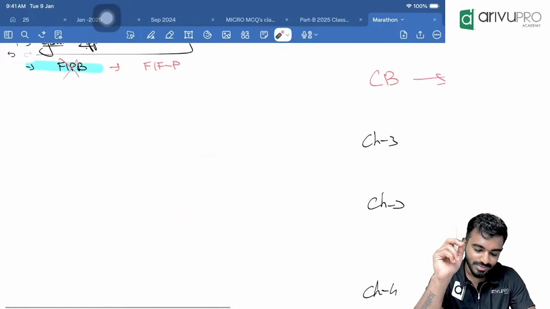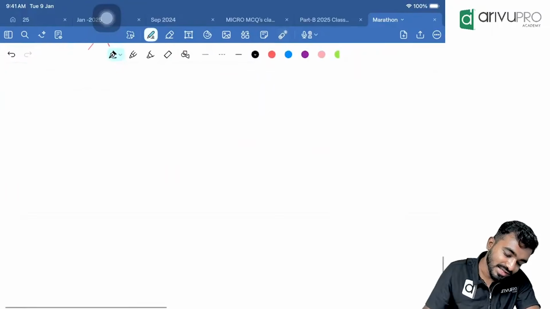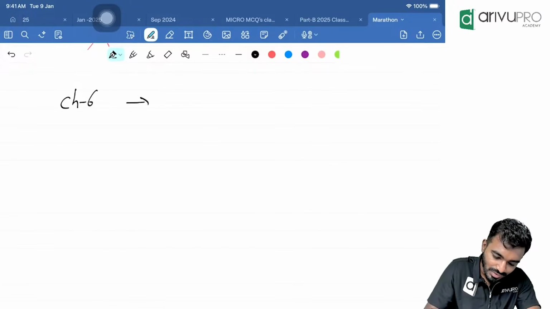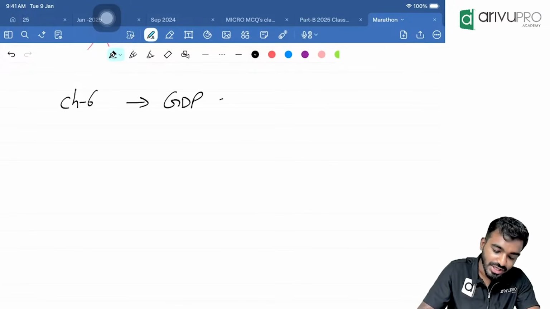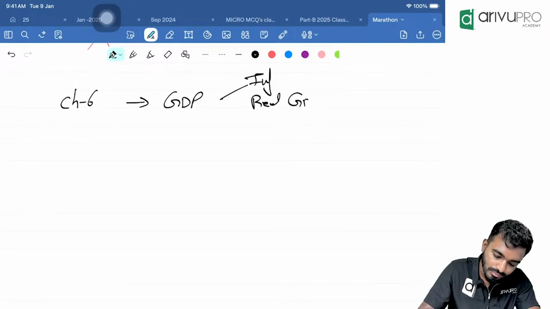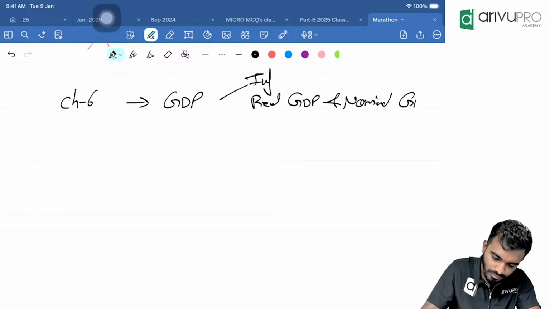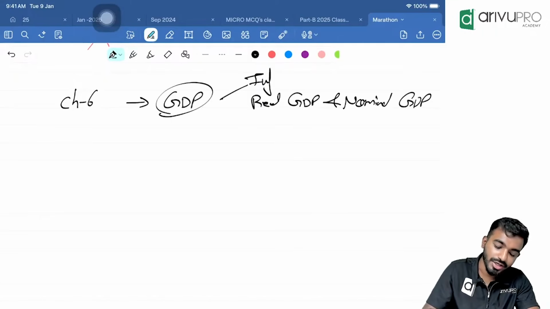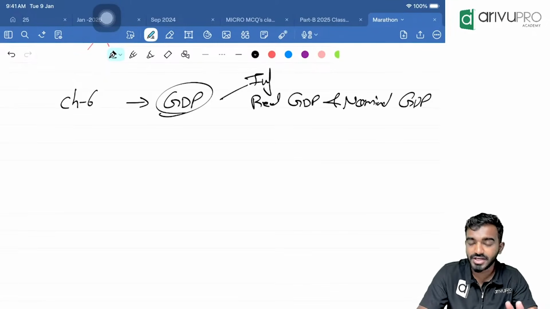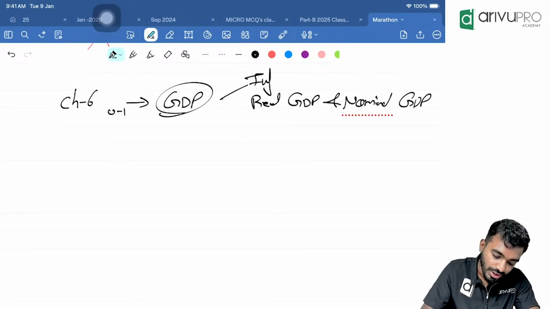And macro, specifically when we speak about chapter 6, GDP calculations, especially inflation rate, real GDP and nominal GDP. This calculation is most important. Without doing this, don't even enter into the exam. This is in unit 1.